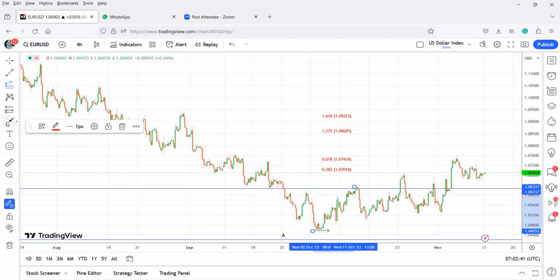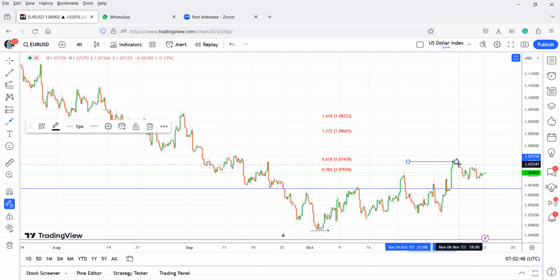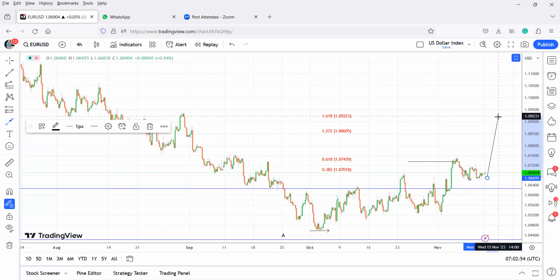You can see the target hitting last week right there, and then a corrective decline. So after this decline is complete, we are going to see one more leg higher, possibly towards 1.0850 or 1.0920.